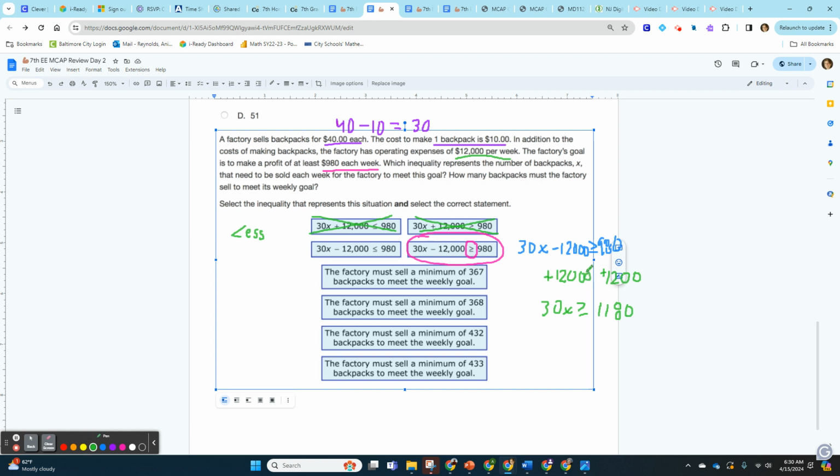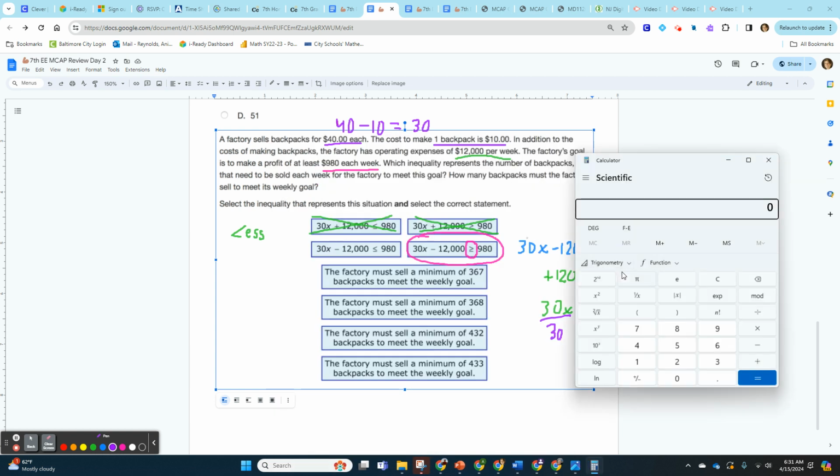Something seemed a little off, so I double checked, and I did mess that up, which I would have figured out when I got to the end and I didn't get any of these numbers. But it is a good reminder when you rewrite something to double check it. So now my last step is dividing by 30. So I'm going to have 12980 divided by 30, and I get 432.